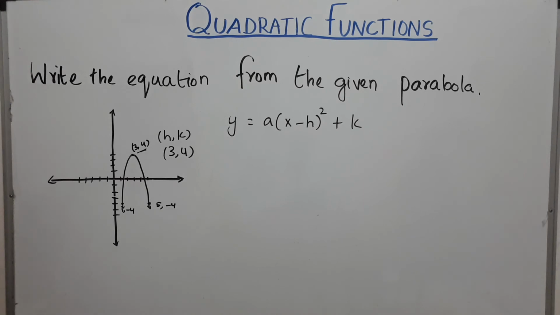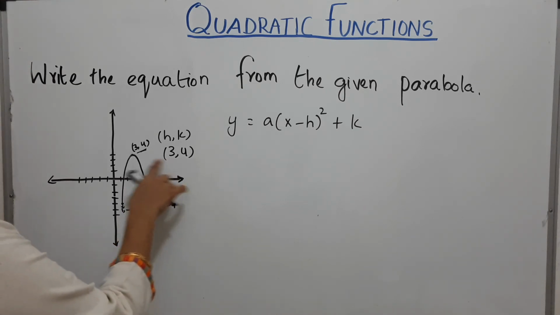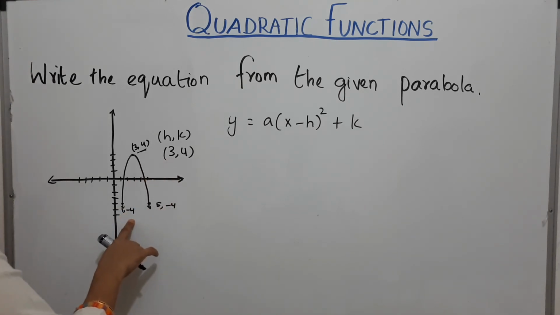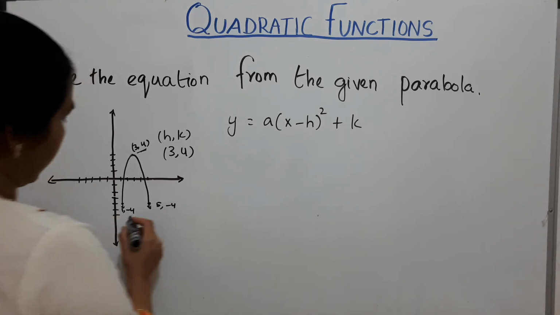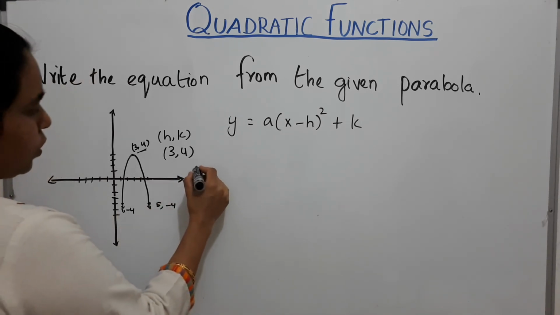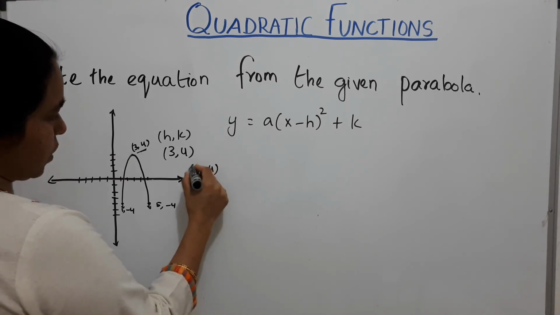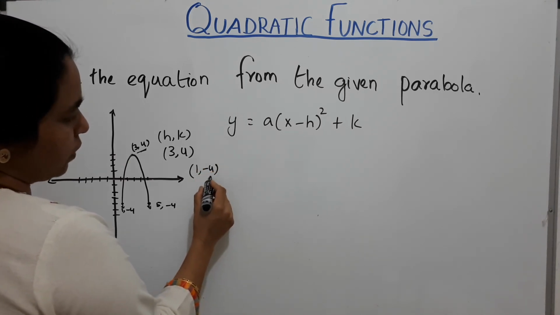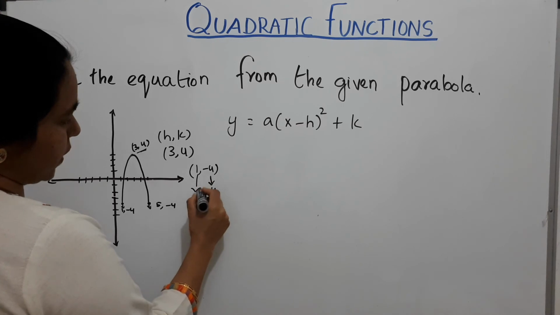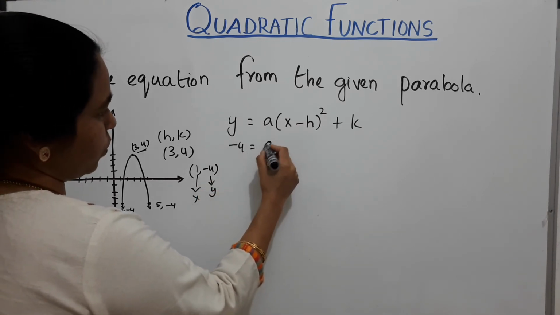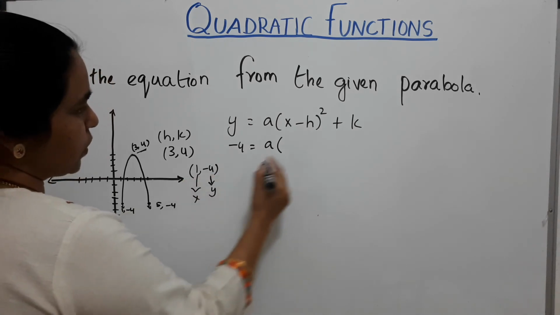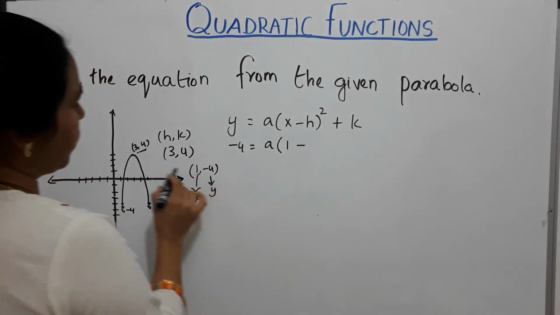Here (3, 4), and you can substitute any one of these 2 points for x and y. So let us consider (1, minus 4). So the point (1, minus 4) you can consider. So y value is minus 4 and this is x value. So minus 4 is equal to a times x value is 1 minus, what is the h value?